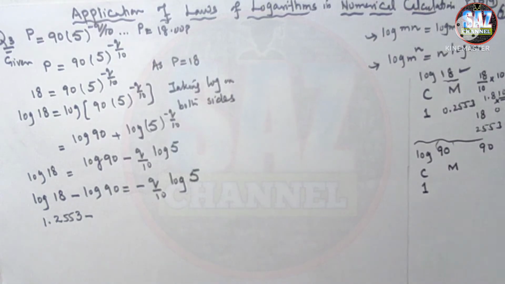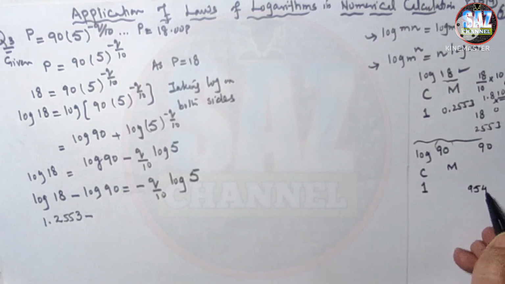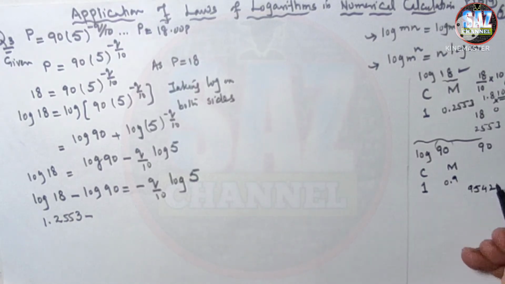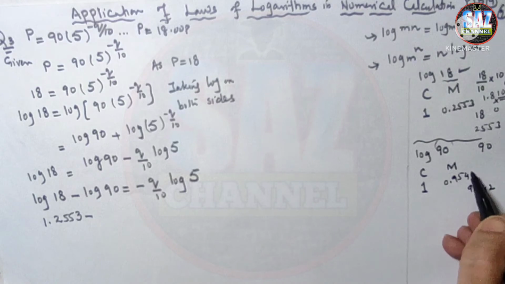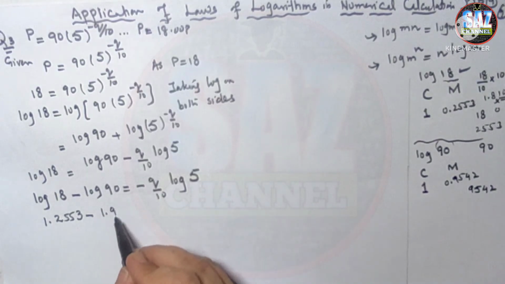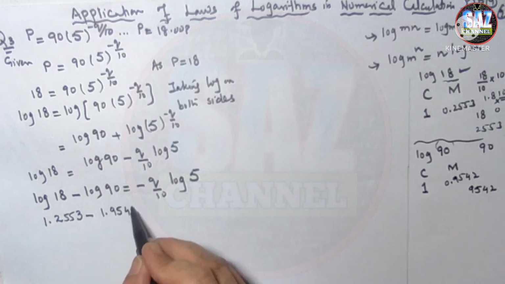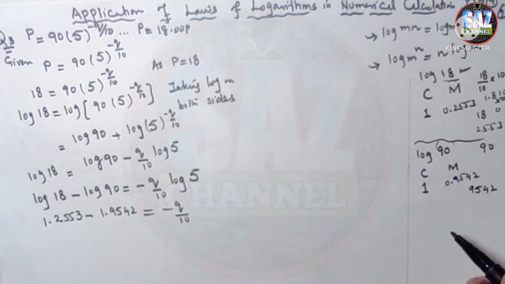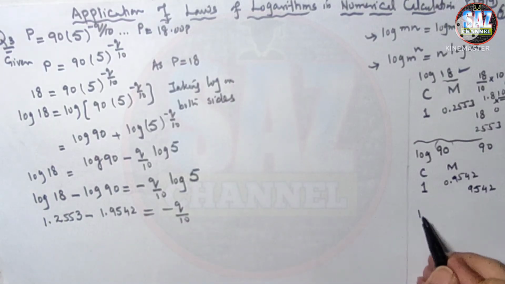Okay, 90 in the column of 0 is giving me 9542, and as the mantissa is in the form of a decimal, it's positive 0.9542. So log 90 will become 1.9542 equals minus q by 10, and log 5.